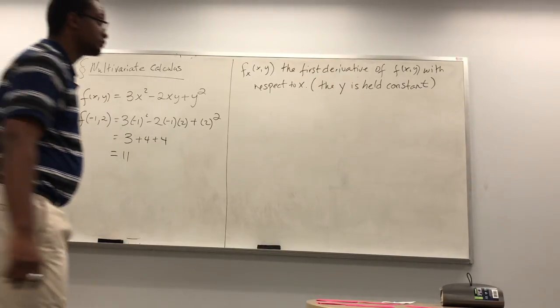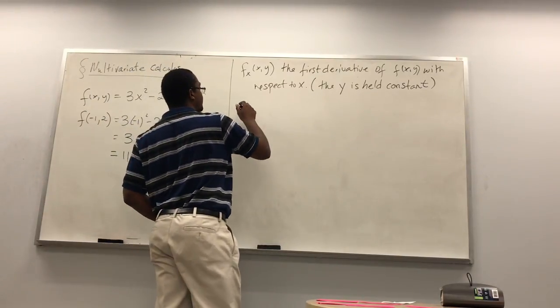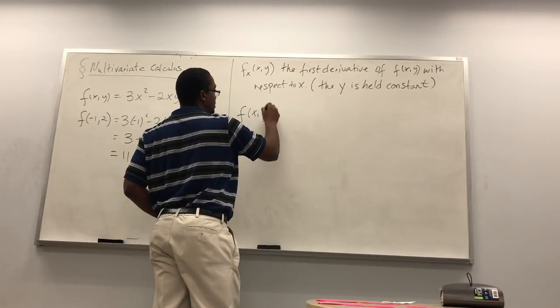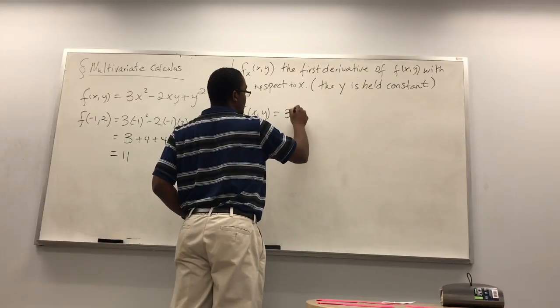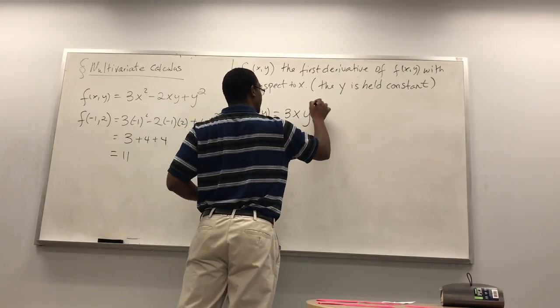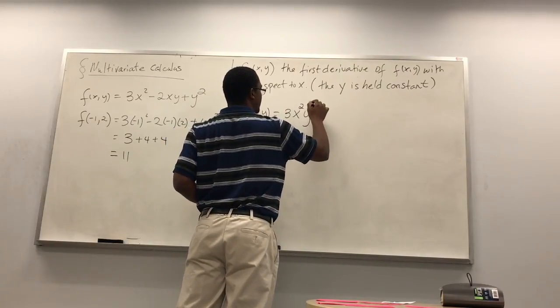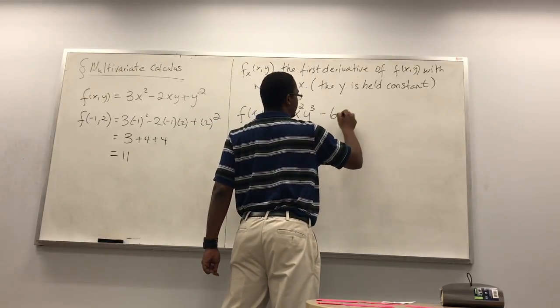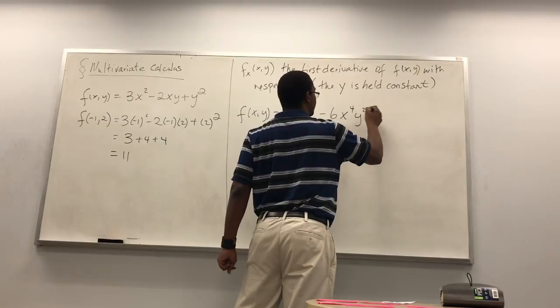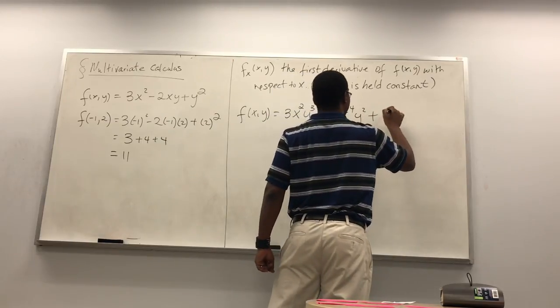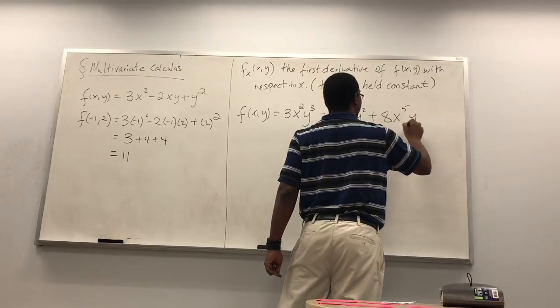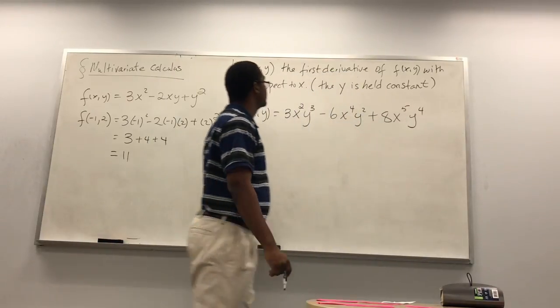And so for an example, if I have f of x, y is equal to 3x squared y cubed minus 6 times x to the 4th power y squared plus 8 times x to the 5th power y to the 4th power right here.